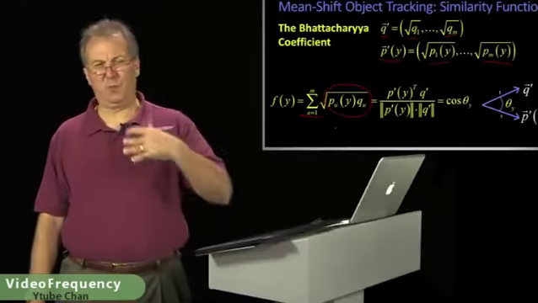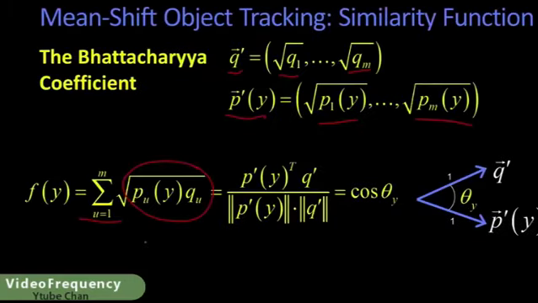And you might ask, well, why would you do that? Well, you quickly realize that if you take the magnitude of those square-rooted vectors, the magnitude is the square root of the sum of the squares. Well, since the sum of the q's is 1, the sum of the square roots squared is going to be 1, so the magnitude is 1.